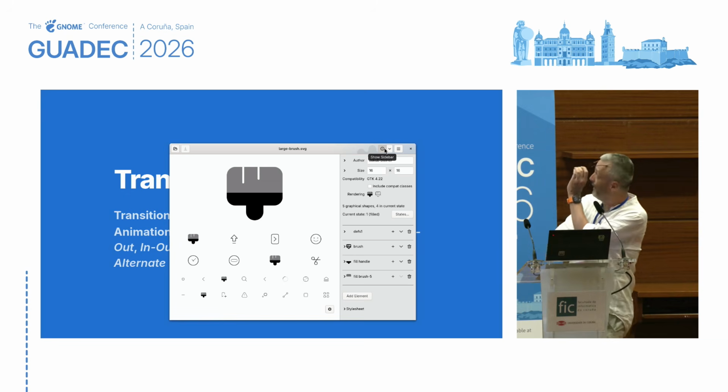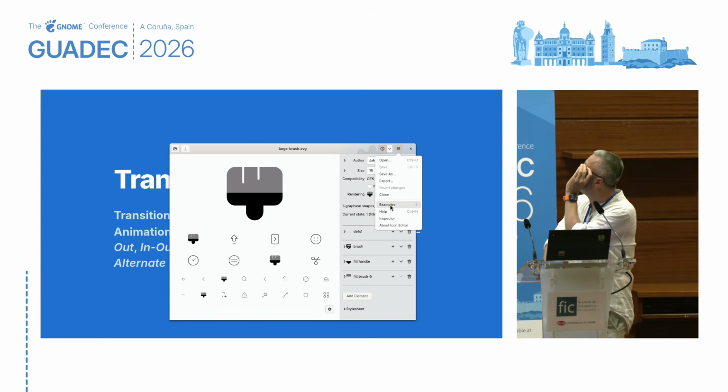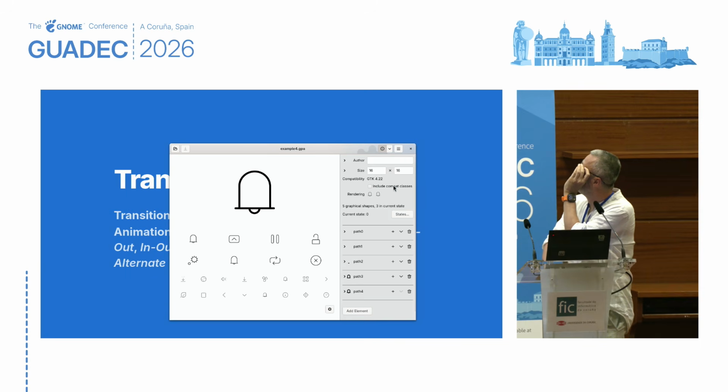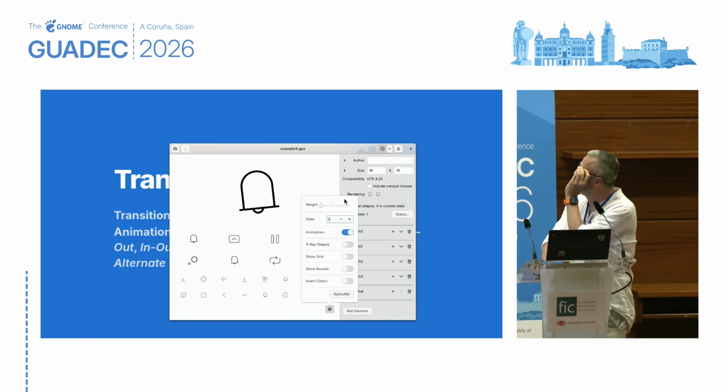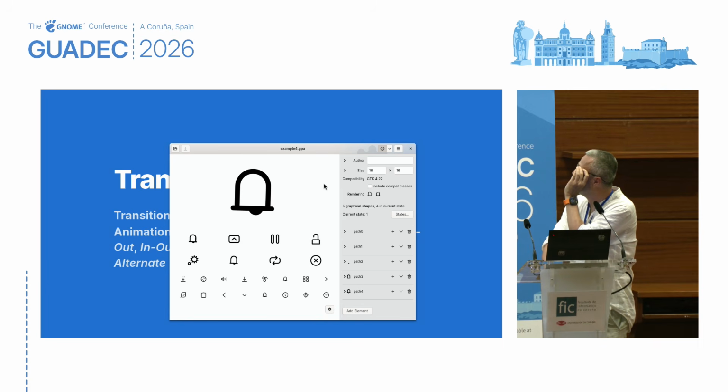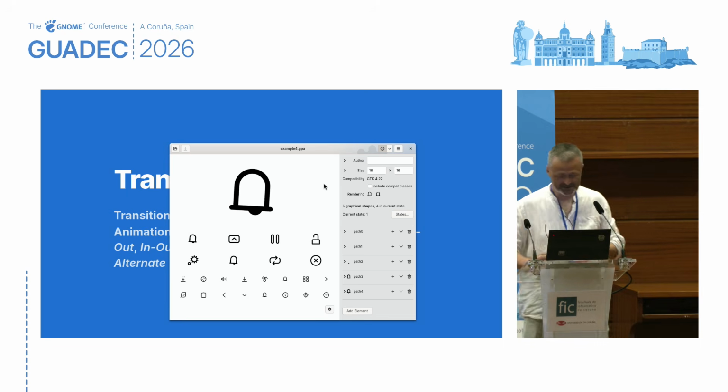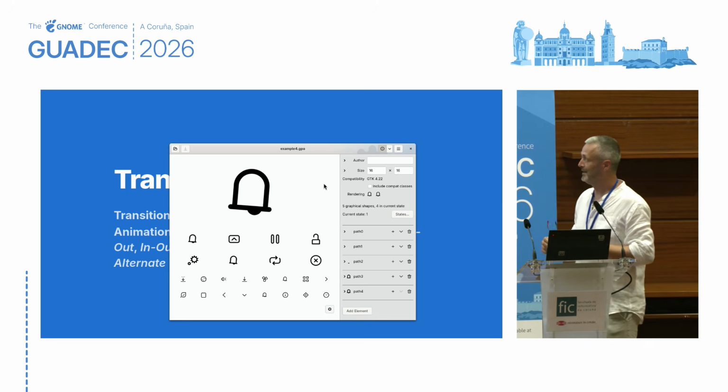Oh, it's laggy, there's like a half second delay. There we go. Okay, so we can do animation. Sort of. This is one of the ways that you can animate the icons.